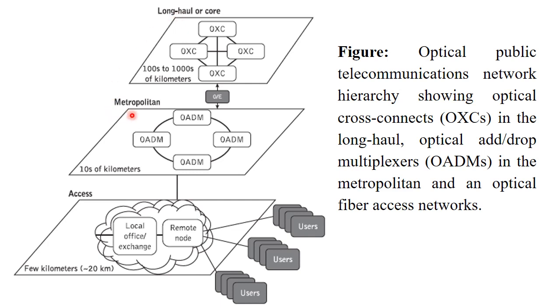The metropolitan, as the name indicates, has the capability to cover a metropolitan city which runs for tens of kilometers. The last one is the access. This has the end user connectivity. As we can observe over here, the users are connected via a remote node, and this remote node is connected to the local office, and this covers a few kilometers.